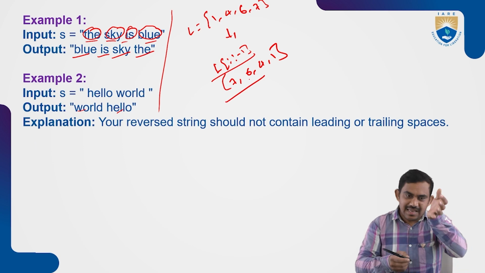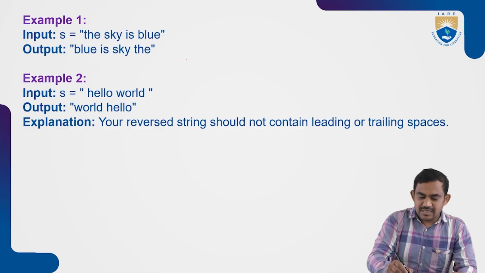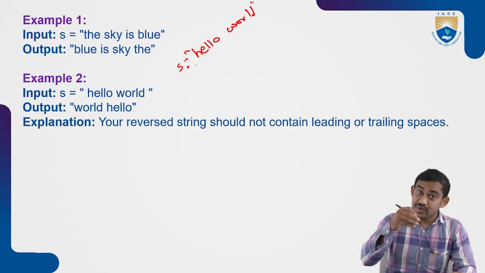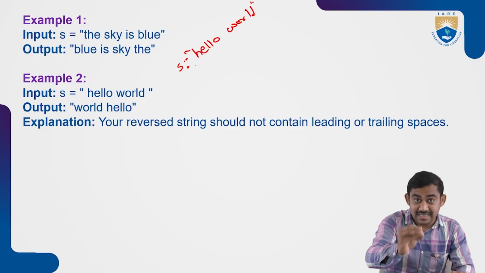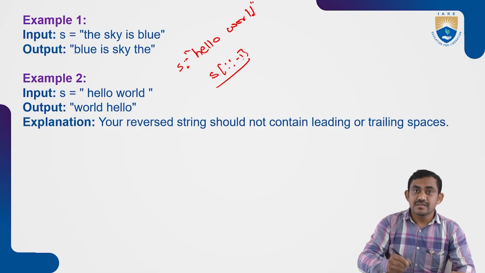If you have a string, suppose my string S is hello world, then what does reverse mean? If you use the same logic as in the list, S[::-1], then what is your output?